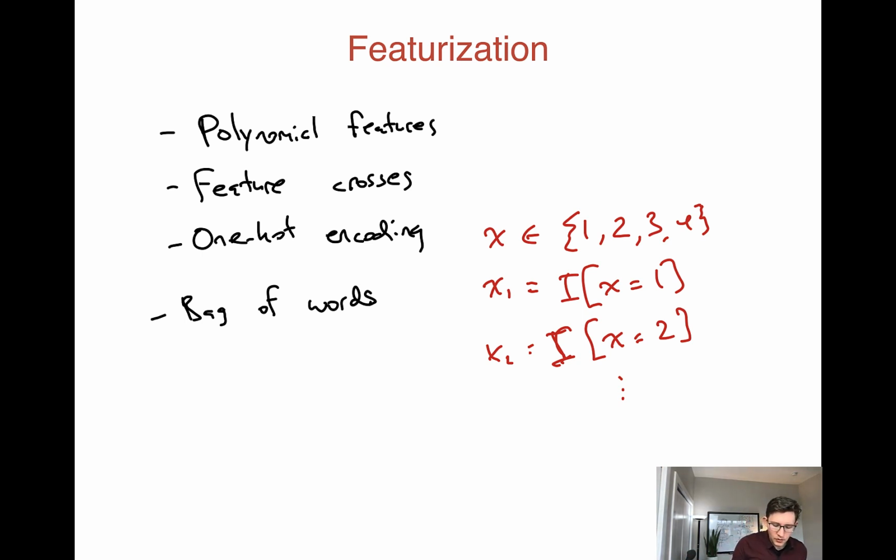There are some more principled ways to do that. One example is TF-IDF. I'm not going to say what that is, but it involves doing some normalization on that bag of words featurization to account for the length of the document and the prevalence of a given word in the English language, and so on.